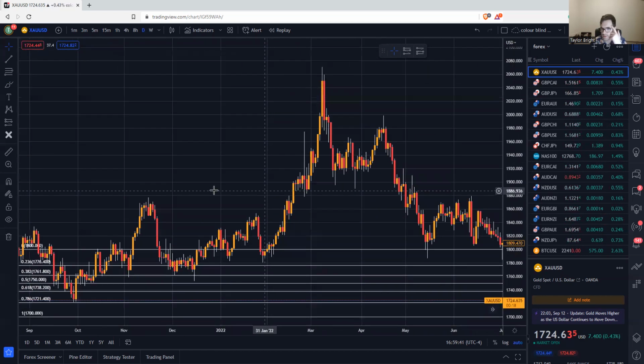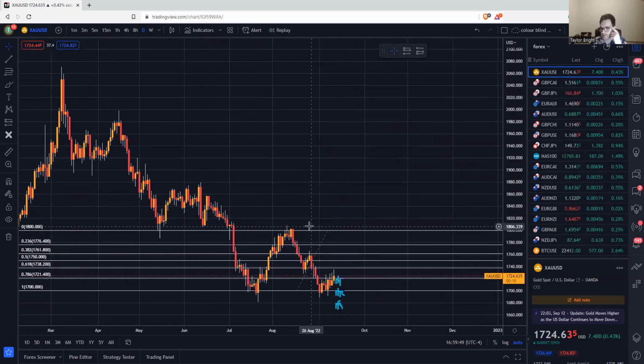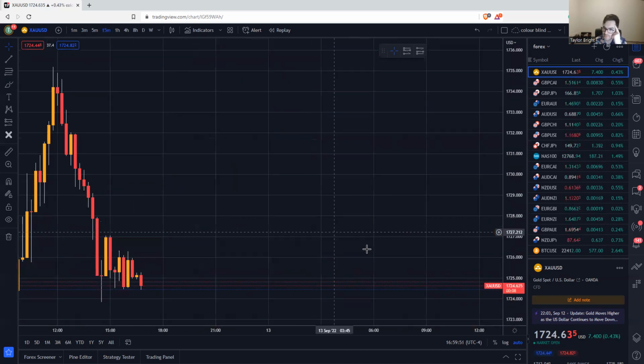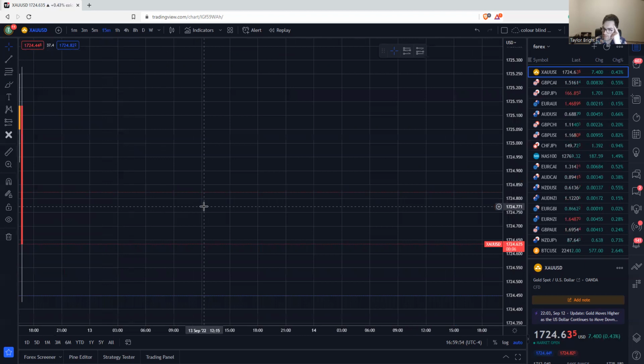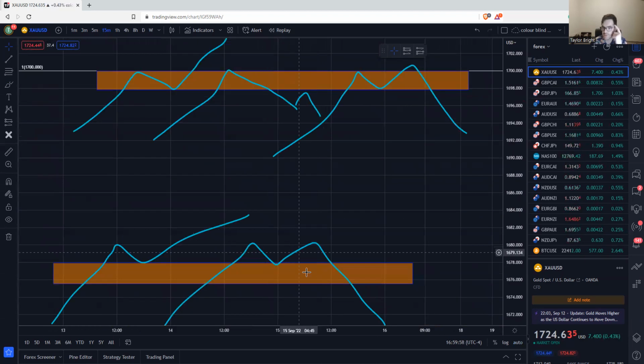Where was it? Here, I think, where there was a zone drawn right through the middle, so it taps and then breaks through. That would, as such, be an example of this one here, where you break through, tap, and come back. But again, it's probably the most uncommon that you will find.